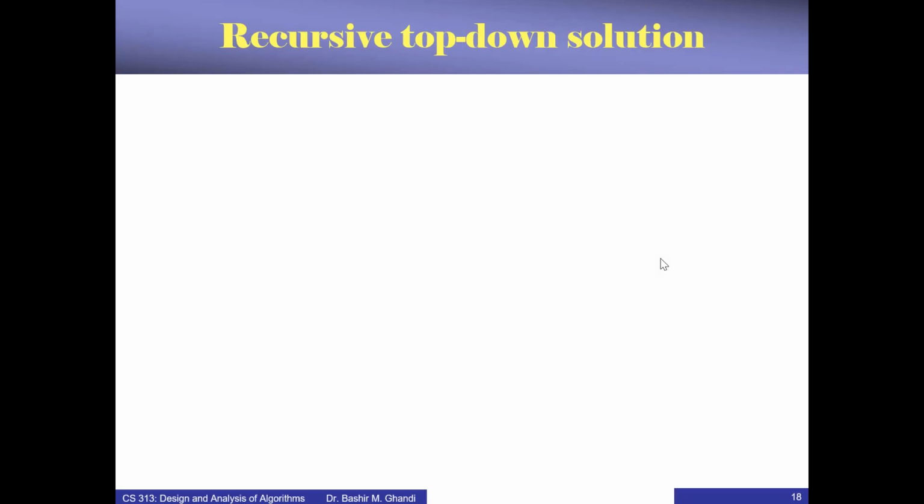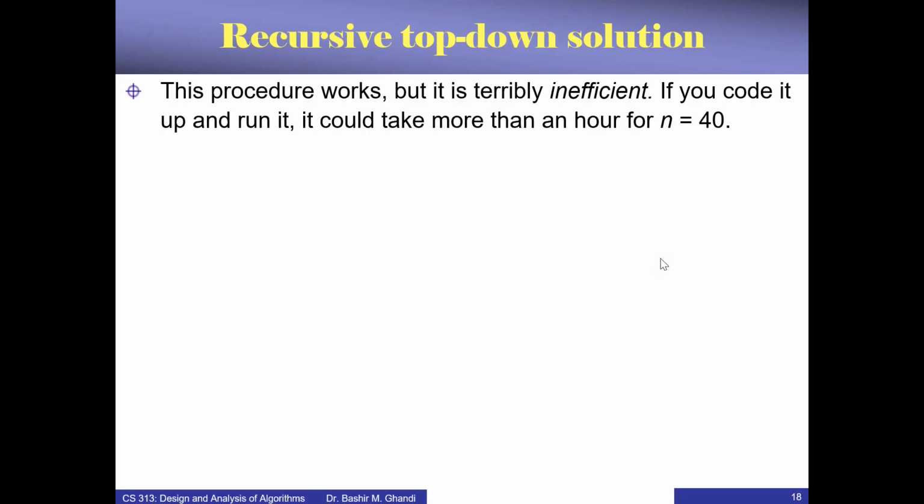How good is it? Obviously terrible. This procedure works, but it is terribly inefficient. According to the book, if you code it and run it with a length of 40, it may take about an hour to compute.